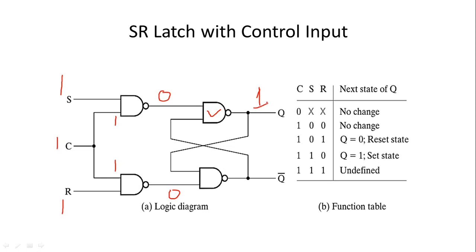Here comes 1 and 1 comes here as input. 1 NAND 1, so it will produce again a 1 which is fed to the first NAND gate. 0 NAND 1, and the bottom one is also 0 NAND 1, so it will produce set state for both. So it means it is set and reset at the same time. So Q is 1 and Q naught is again 1, means undefined.